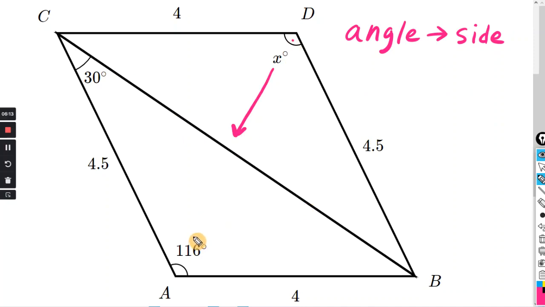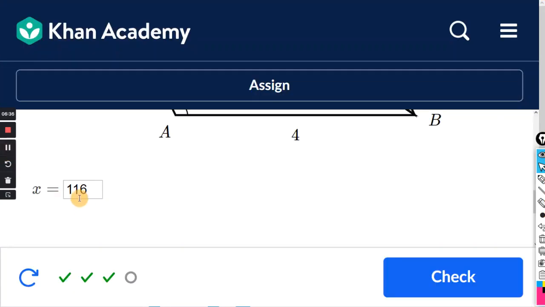And if I go across from this angle, that's this side right here. Now we can see this angle here matches this angle here. So there's nothing to calculate. We just match them up. And clearly, x is the same as 116 degrees. So just enter that in the box.